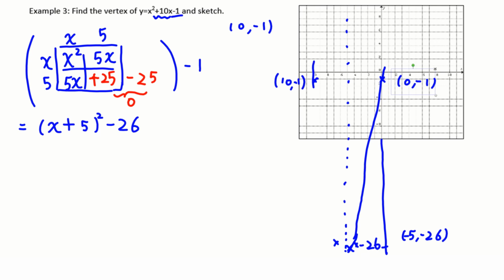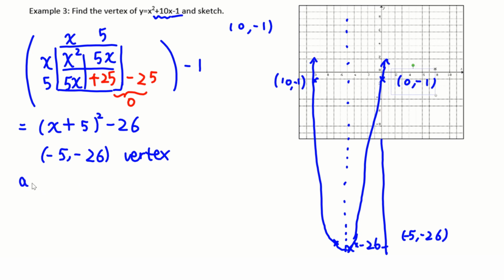Then another side. Okay. So once we have the vertex form, then you will see it's easier for us to graph it. We find the vertex, negative 5, negative 26. Then use a step pattern, a times 1, 3, 5. And this one, no number at the front of the bracket means it's 1. So 1 times 1, 3, 5, it will give you 1, 3, 5.